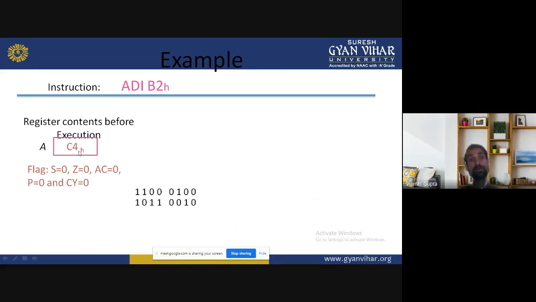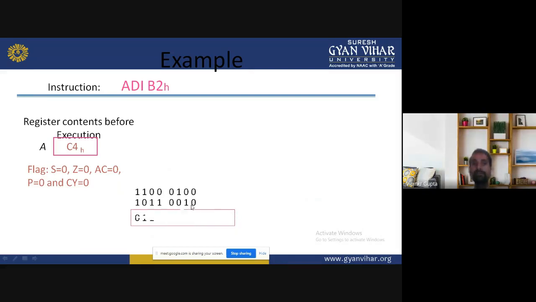So what is the equivalent of C4? C means 1100, 4 means 0100, B2 means 1011, and 2 means 0010.